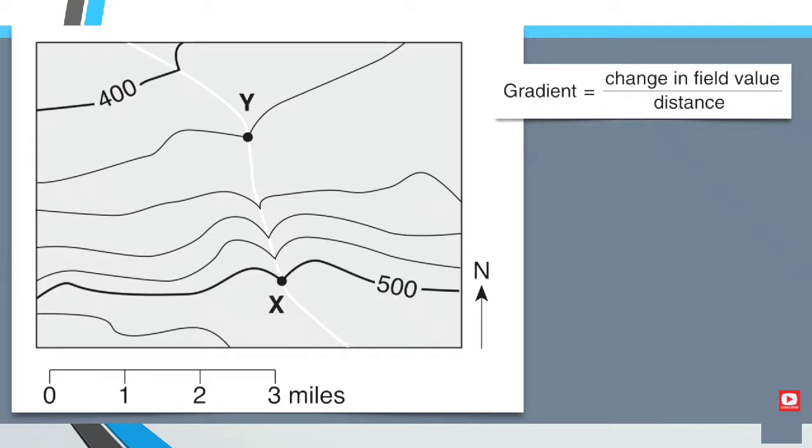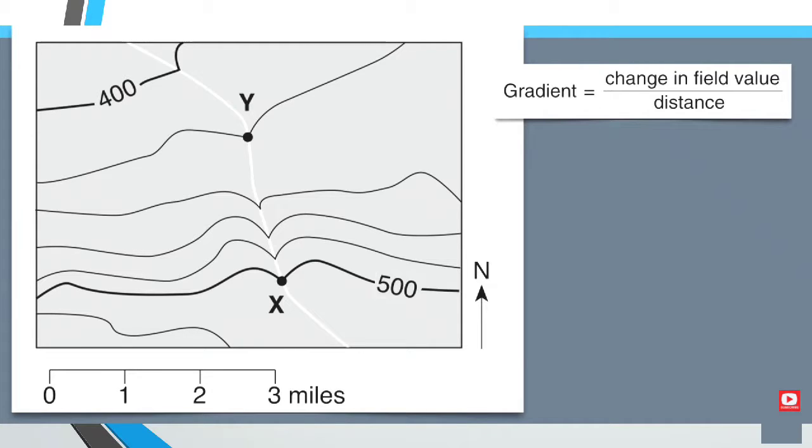Looking at the contour interval, you would see that it's 20. So point y is 400 plus 20, which is 420. So my change in field value is from 500 to 420.